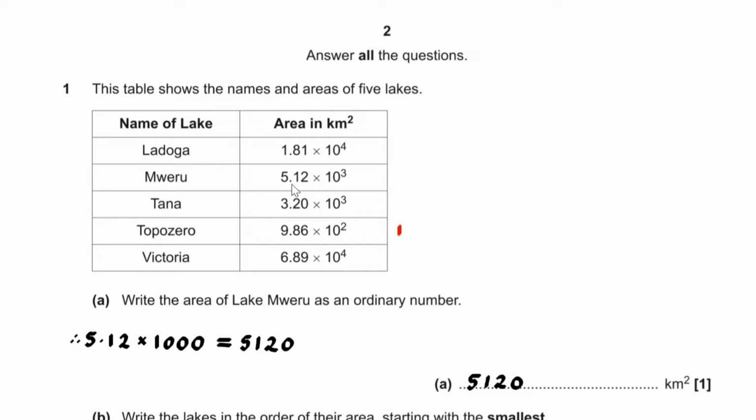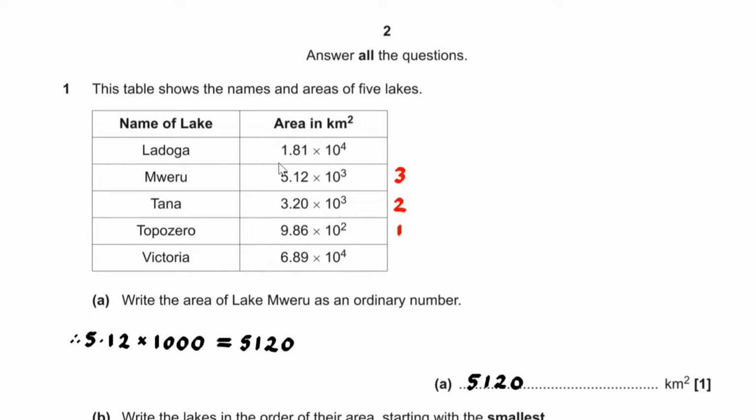Now if I compare the 5.12 times 10 to the 3 with the 3.20 times 10 to the 3, the smaller one will be the 3.20 times 10 to the 3. And then the third is the 5.12 times 10 to the 3. Now I compare the 1.81 times 10 to the 4 with the 6.89 times 10 to the 4.